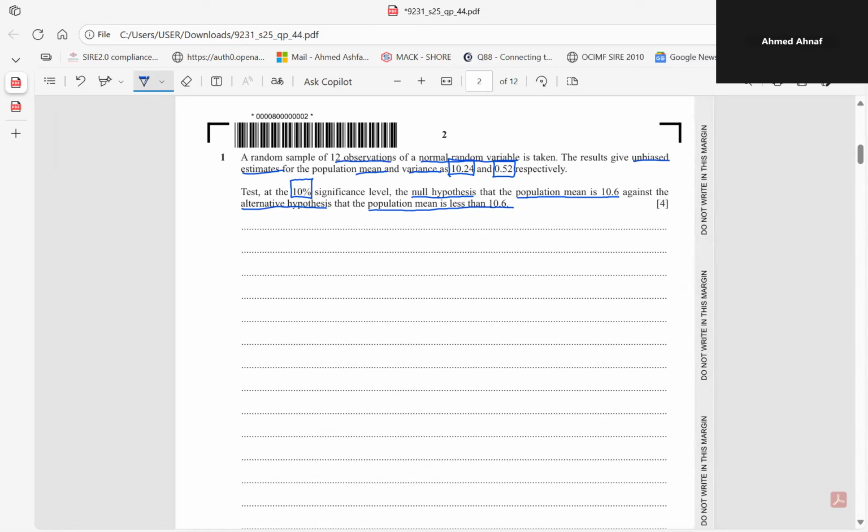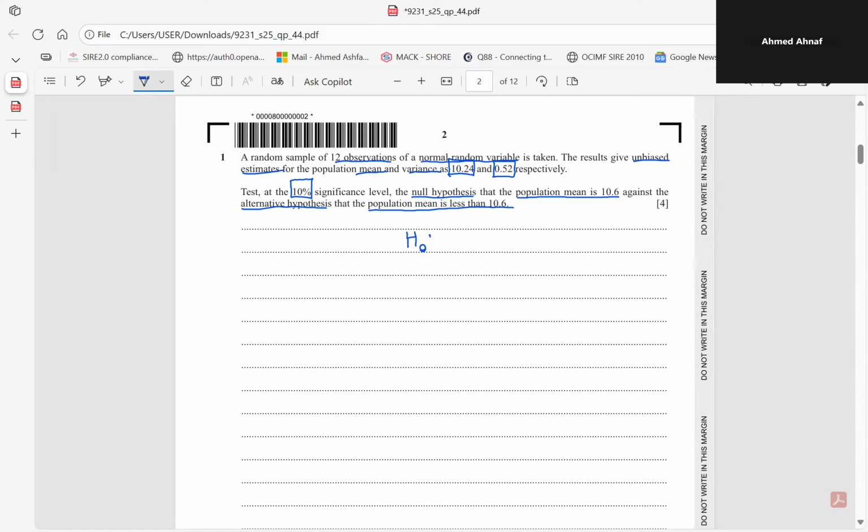Okay, so since our sample size is pretty small, like 12, we're going to use the t-test in here, not the z-test. First step is to define our null and alternative hypothesis.